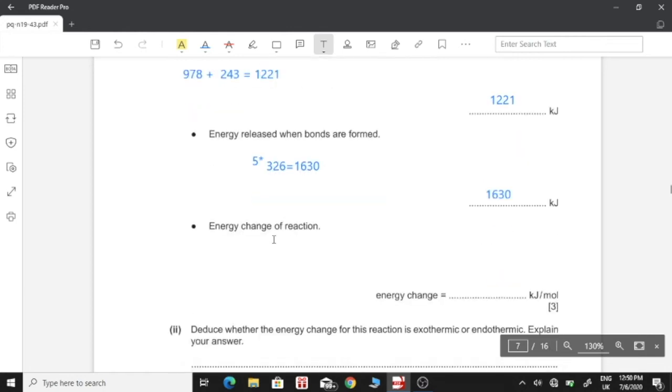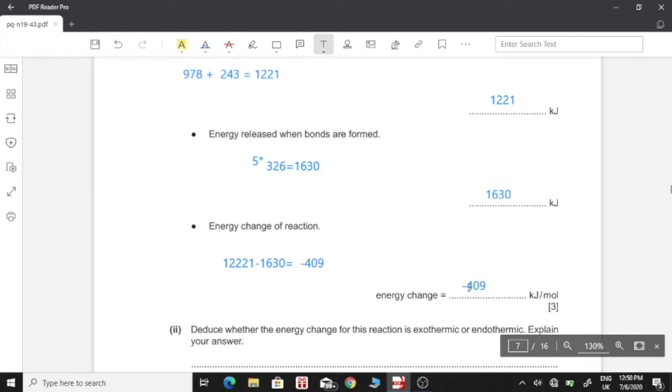Now, energy change. As we mentioned earlier, we subtract the energy released on the product side from the energy needed on the reactant side. So 1221 minus 1630. This leaves us with negative 409 kilojoules per mole.